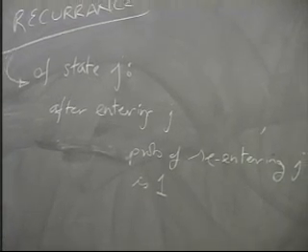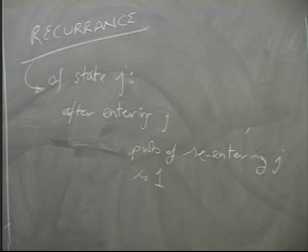Non-zero probability versus you will surely re-enter. Let me see. I got it. If the probability of returning to j is not 1, for example some number between 0 and 1, there is a positive probability that you won't return to j. So the reason I'm thinking about it is because some sample paths will not return to j.